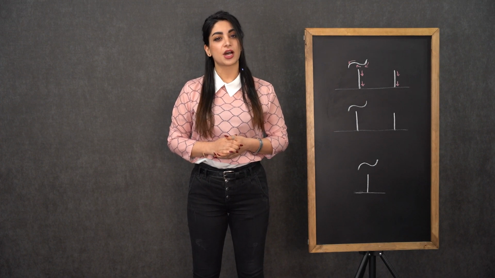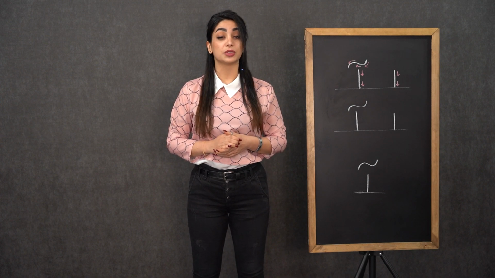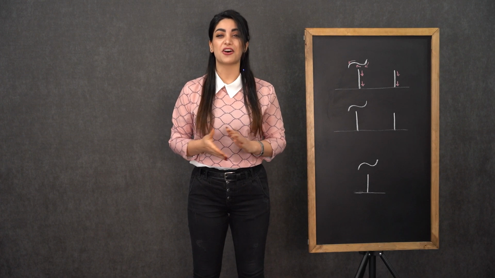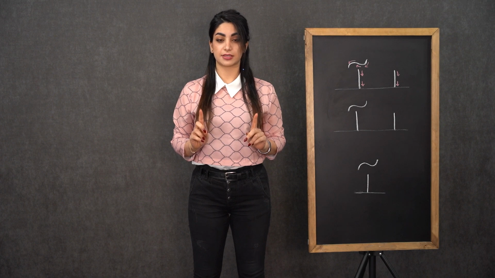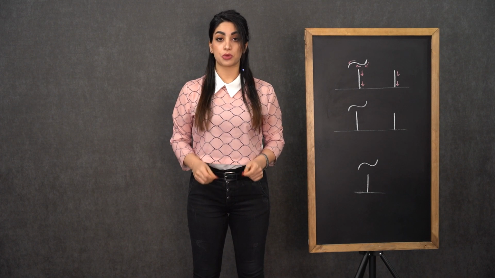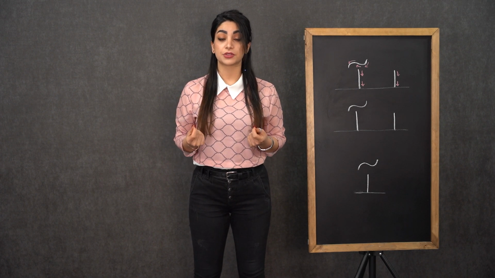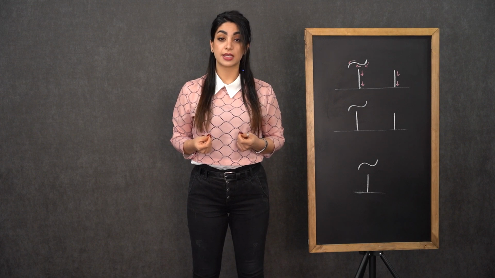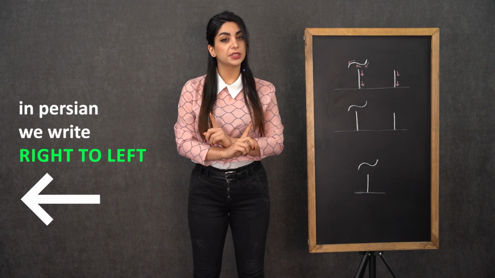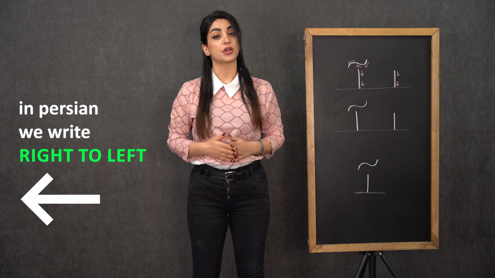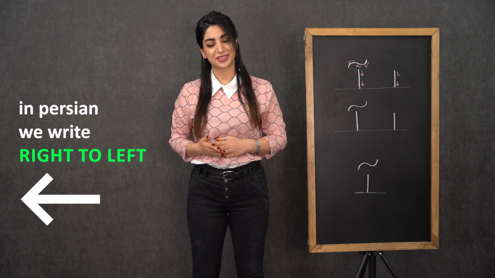We want to see how we will write the first letter of the Persian alphabet. First, know this. In English, we write from left to right. But in Persian, it's completely the opposite. We write from right to left.